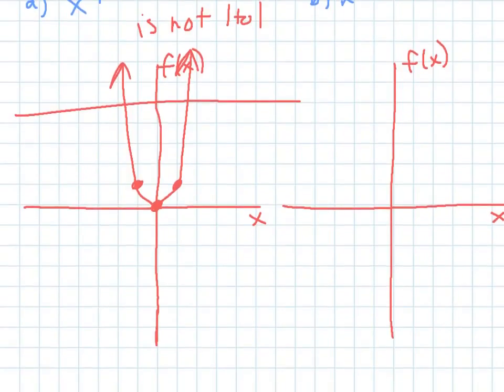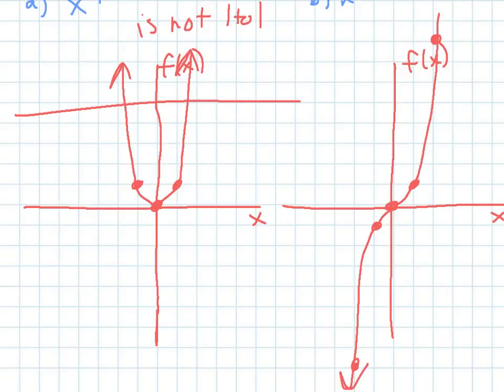Okay? Now let's look at x cubed. So here, if I do 0, 0 cubed is 0, 1 cubed is 1, 2 cubed is 8. And then the same the other way, we've graphed this many times in our other problems. Okay, so you get a graph that looks like this.